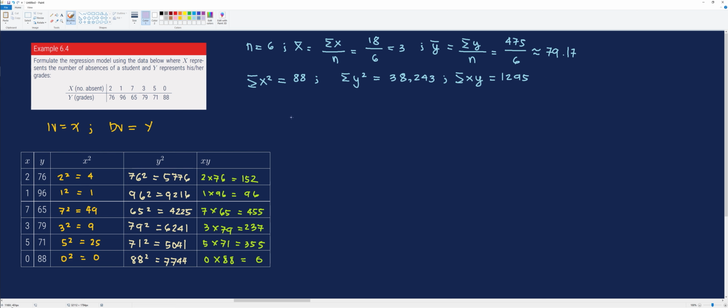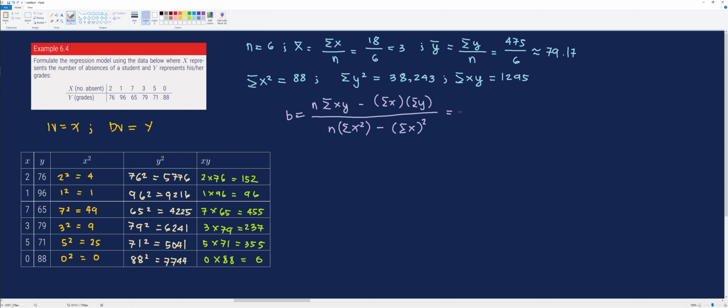Next, we compute the value of b using the formula n times the summation of xy minus the summation of x times the summation of y all over n times the summation of x squared minus the square of the summation of x.